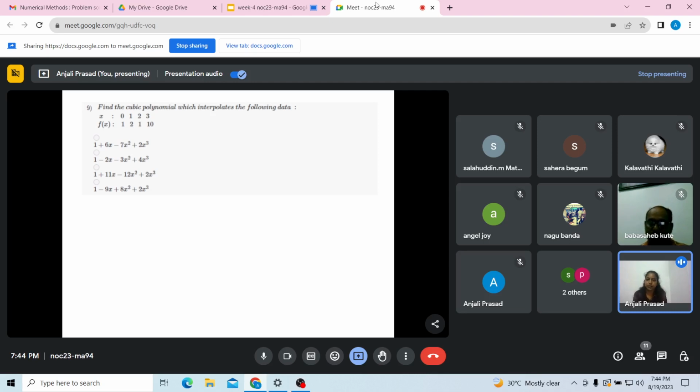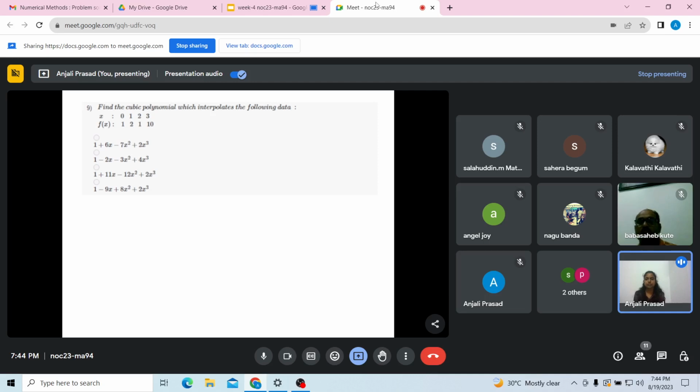You can do it similarly using Newton's forward difference interpolation formula, and simplify it, you will get the cubic polynomial.